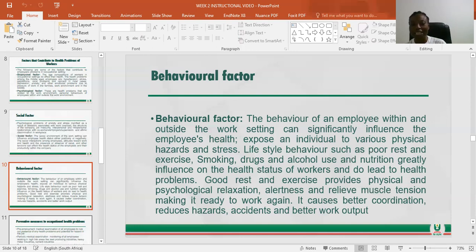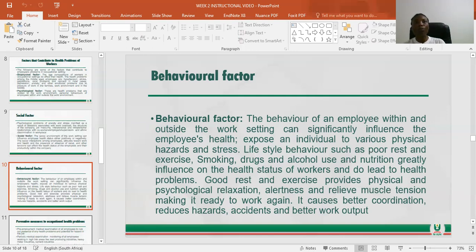And such a person is working in an industry that operates machines. The employer has to be on guard for such a person, has to promote the importance of rest to his workers so that they know that after work you rest, and failure to imbibe this lifestyle of resting can affect your health.